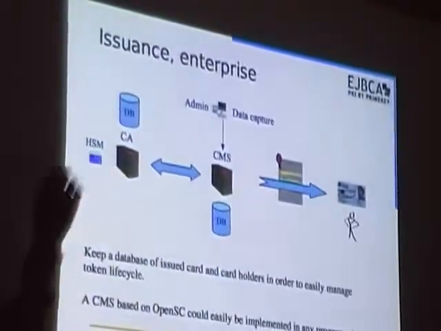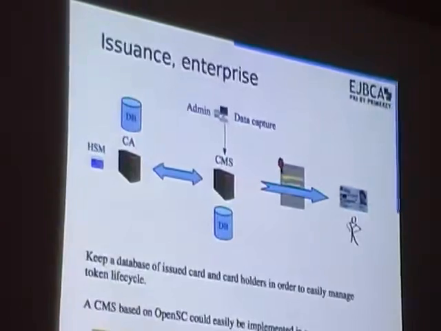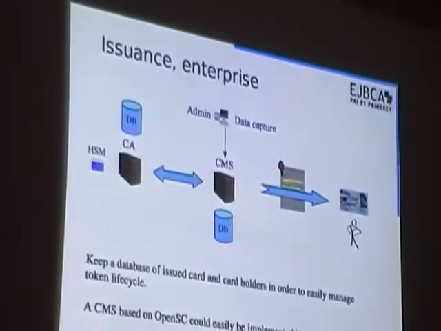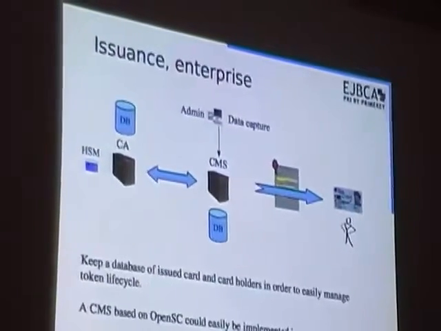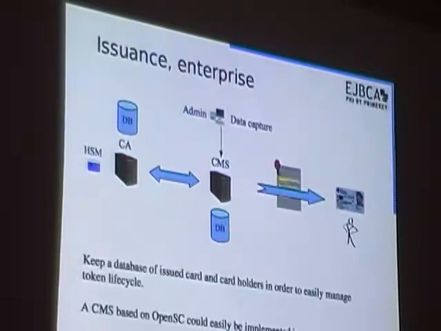The certificate authority has a database with certificates to manage the certificate, to be able to revoke the certificate and issue revocation lists, etc. And the card management system also has a database with ID numbers of the cards, etc. So you can keep track of which person got which exact smart card.